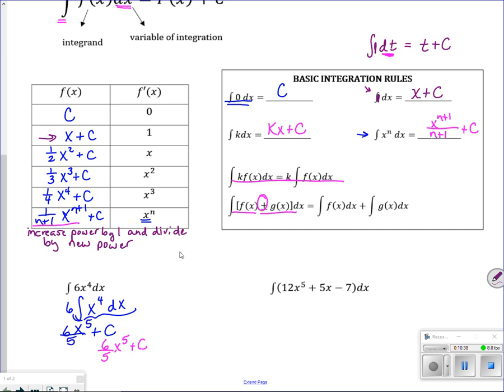I'm going to go straight to the answer because I think you're going to want to do that as well. When I have this 12, I don't bother rewriting it. I'll do it in 2 steps: I increase the power by 1 to get 6, and then I have 12 over the new power. That 12 just comes along. Now go down the line.